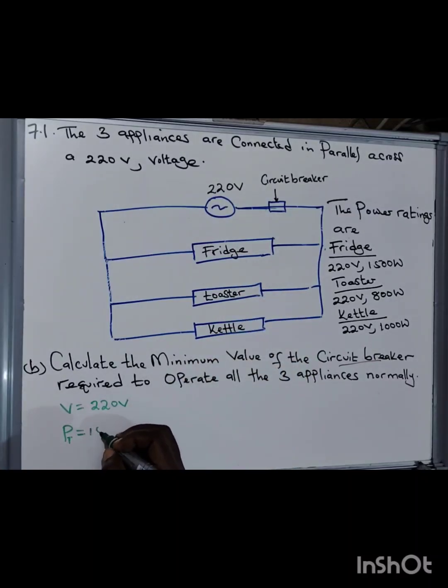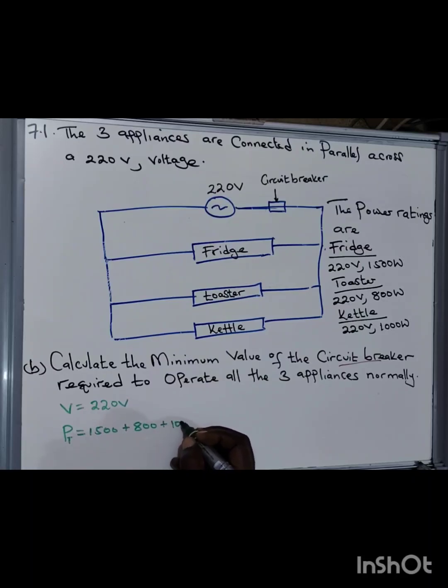So we have 1500 plus 800 plus 1000. This one will give us total power. So we get 3300 watts.